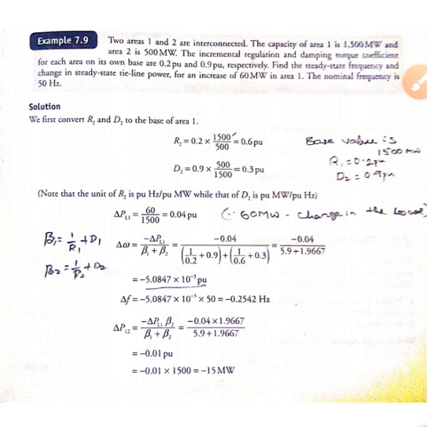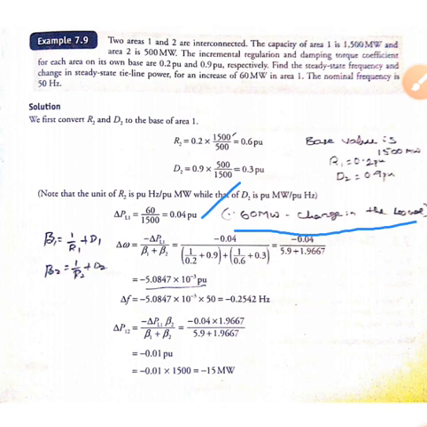So we get delta PL1 as 0.04 pu. 60 megawatt is the change in the load. So after calculating delta PL1, we have the values of R1, D1, R2, D2, and delta PL1.